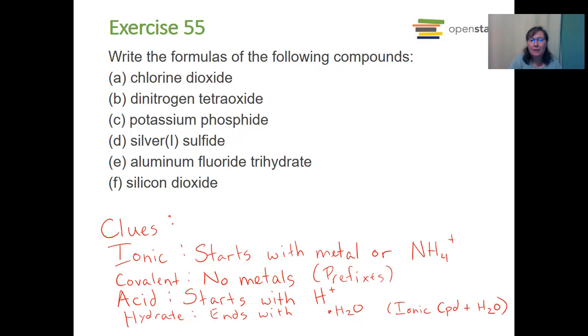And if you can't make this little dot here, in some computer programs you can make it, in some computer programs you can't. You can put a plus sign instead of a dot in there. So let's say that you're trying to write calcium sulfate dihydrate. You could write dot 2 H2O, or you could write calcium sulfate plus 2 H2O if you can't make the dot.